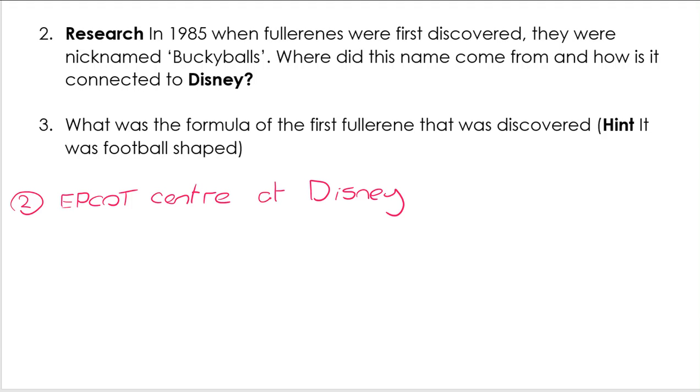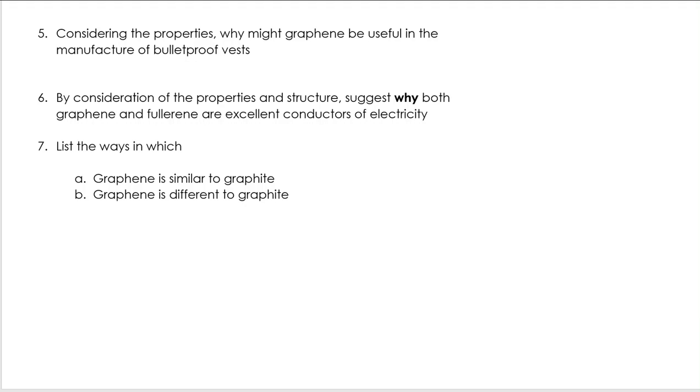And if you take a look at the Epcot Centre at Disney, and you can Google that at your leisure, you'll recognise the shape of it when you compare it to the fullerene that was shown earlier in the video. And the first fullerene was C60H60.